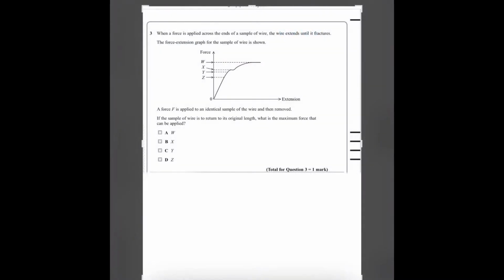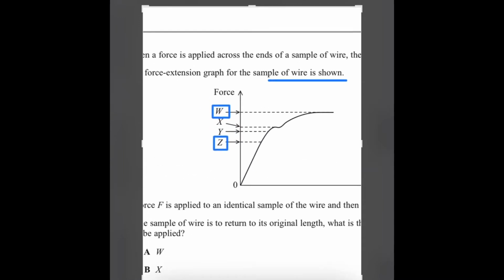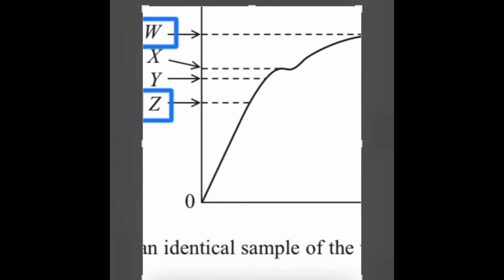Number 3. When a force is applied across the ends of a sample of wire, the wire extends till it fractures. So at point W, the wire fractures. The force extension graph for the sample of wire is shown. So Z is basically the limit of proportionality. We can see that this is a straight line, and after this there is a bend like this.